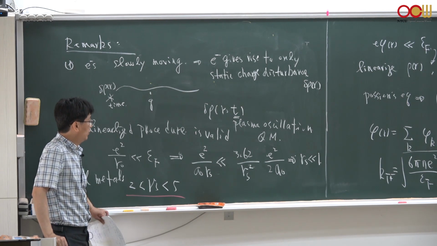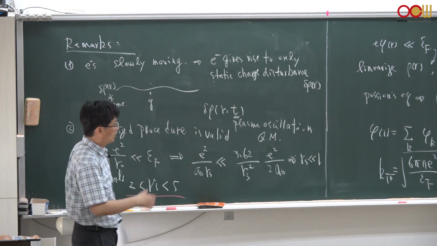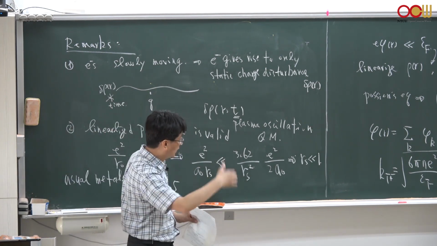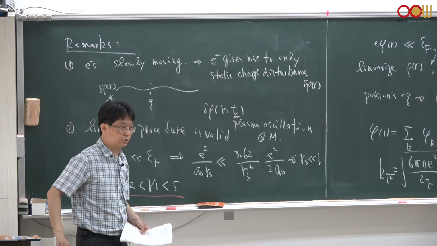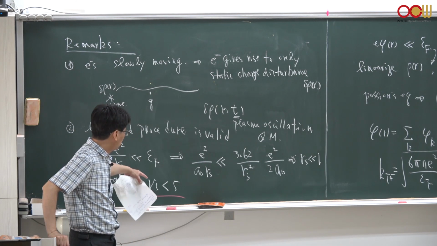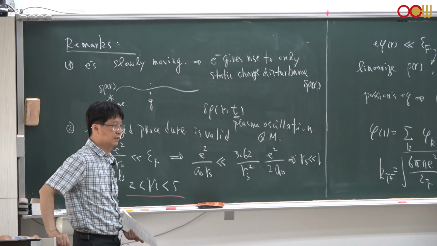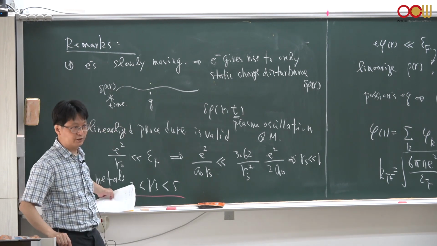Nevertheless, this Thomas-Fermi approximation is still a good approximation to qualitatively capture this decay part of the Coulomb potential, but that kind of approximation relies on this assumption, which is not satisfied for ordinary metals.